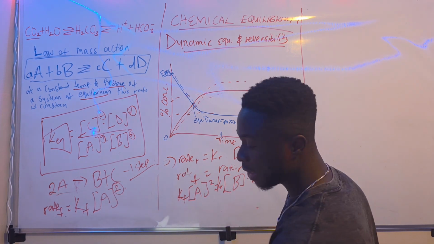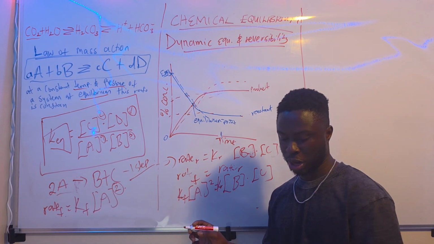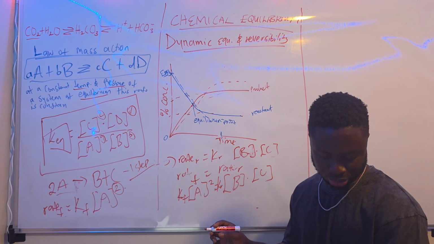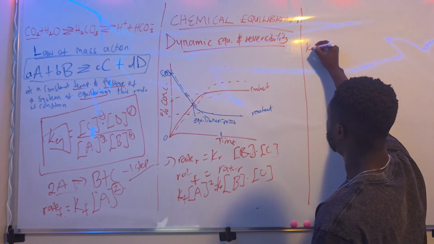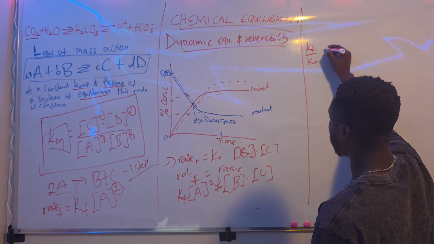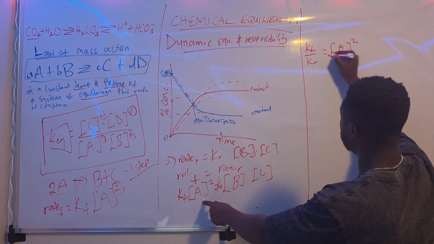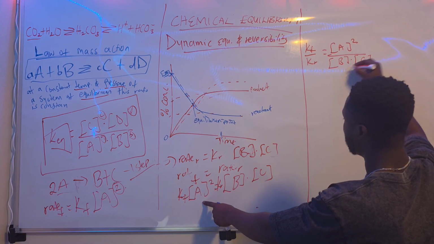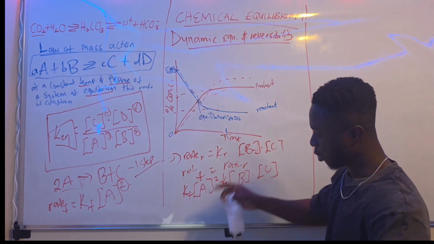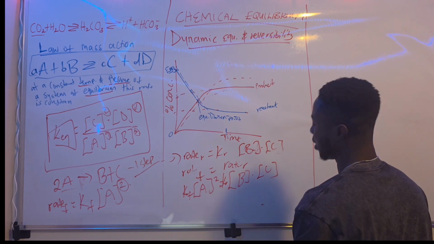Now if I want to get the ratio of Kf over Kr, I am going to get something like [A]^2 divided by [B][C]. Now from here, let's try to make Kf over Kr the subject.